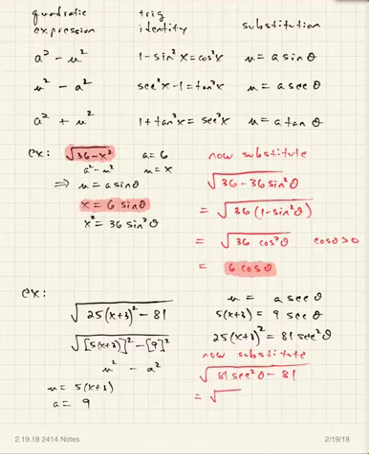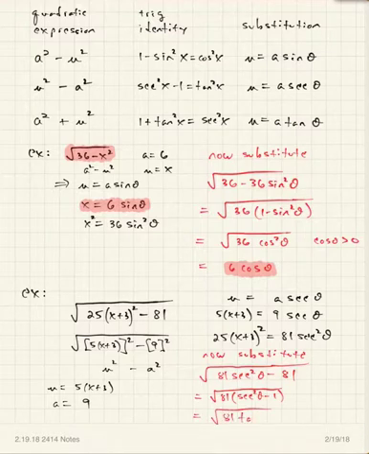So notice when you factor out an 81 here, you're left with secant squared theta minus 1. And secant squared theta minus 1 is tangent squared. So you have the square root of 81 tangent squared theta. And then, as long as the tangent is positive, we would have that that's 9 tangent theta.